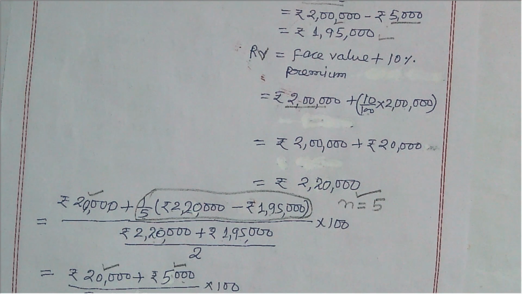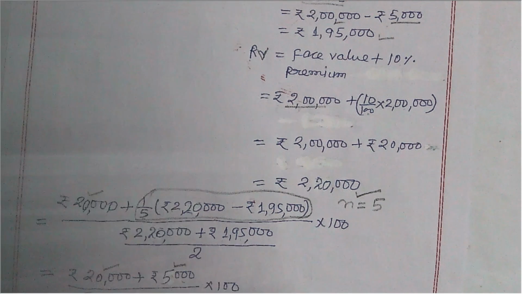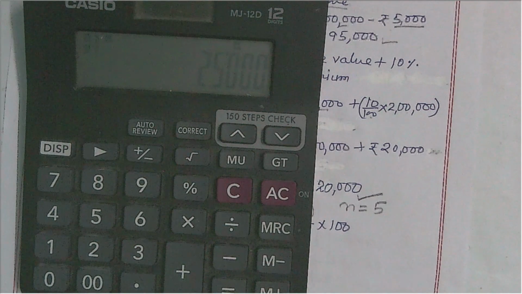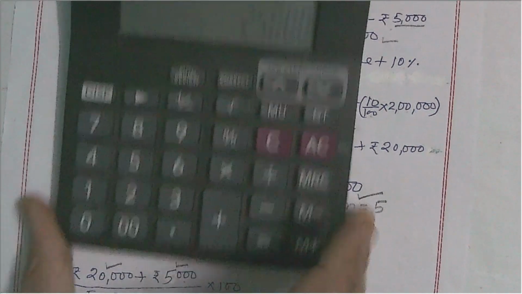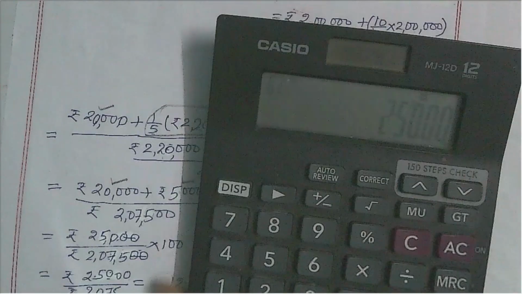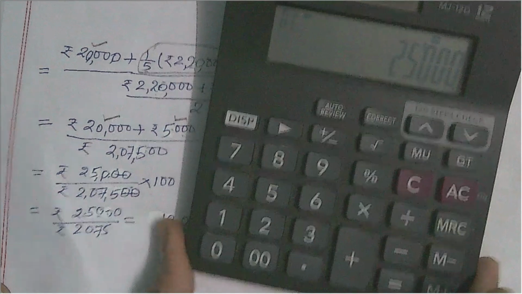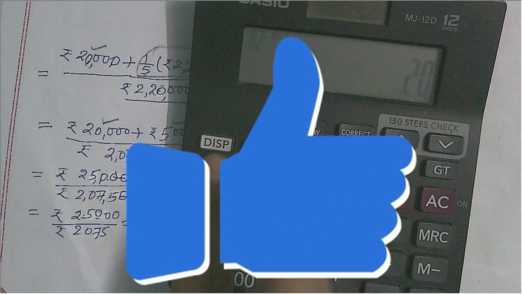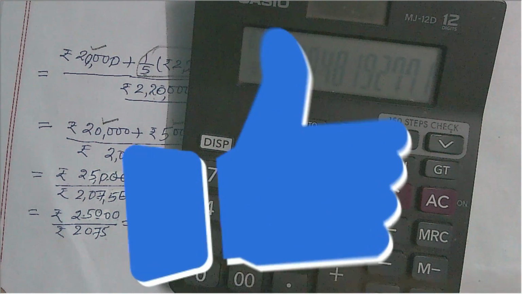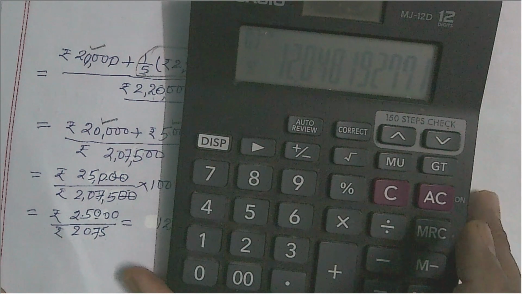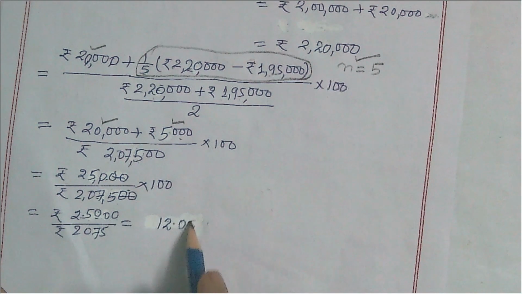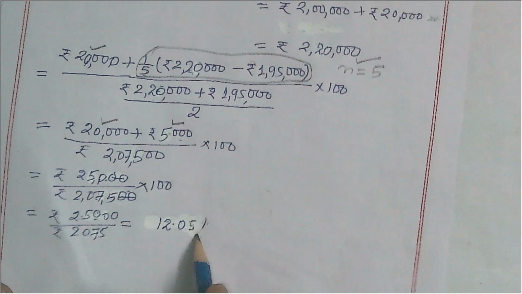Now dividing 25,000 by 2,07,500 gives 12.048, so 12.05%.